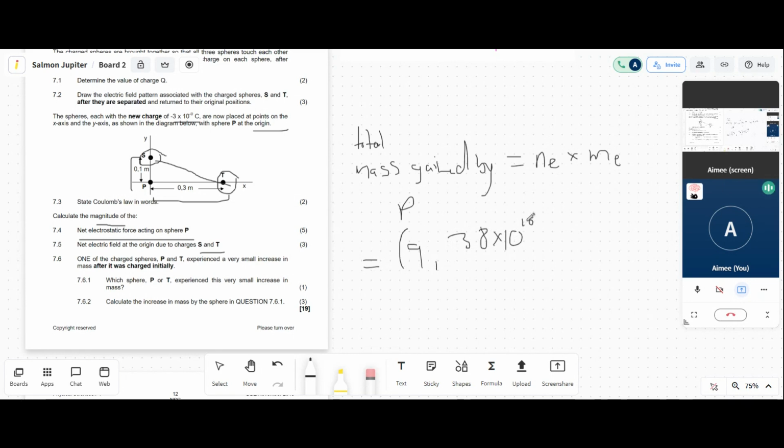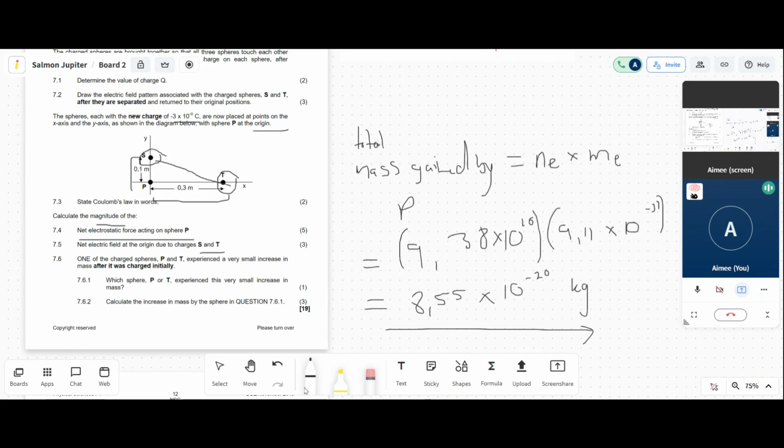And this is where the mistake came in from me. What I said earlier was the charge, it wasn't the mass. But on your formula sheet, it does say that the mass of an electron is 9.11 times 10 to the negative 31. You plug that into your calculator and you get 8.55 times 10 to the negative 20 kilograms. And that's how much mass was added to sphere P as a result of giving it a negative charge.